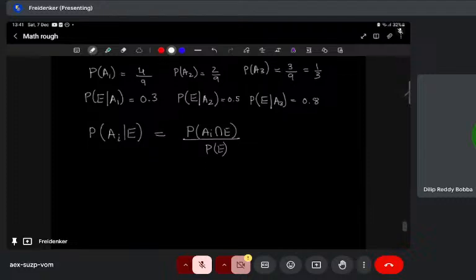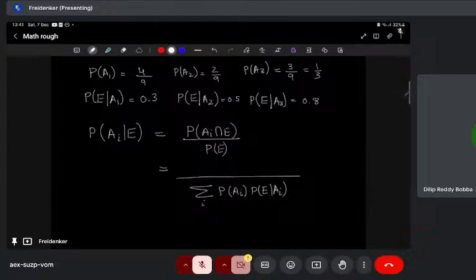But what is probability of E? Using total probability, I can write that probability of E is nothing but summation probability of AI into probability of E given AI. This is using total probability. What is my numerator going to be?